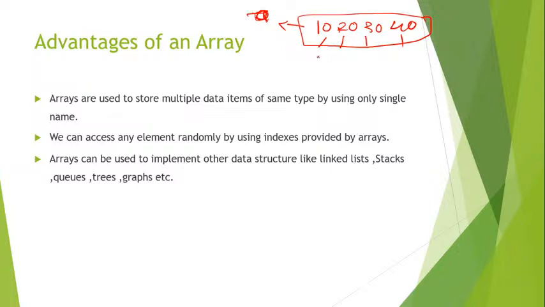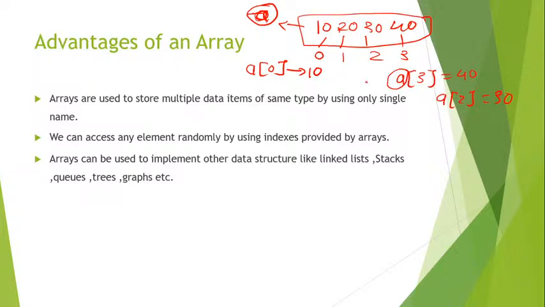We know that 10 is stored at the 0th index, 20 at 1, then 2 and 3. So we access them using the same variable: a[0] gives you 10, a[3] gives you 40, and a[2] gives you 30. This way, by using the same variable, we get all these elements.